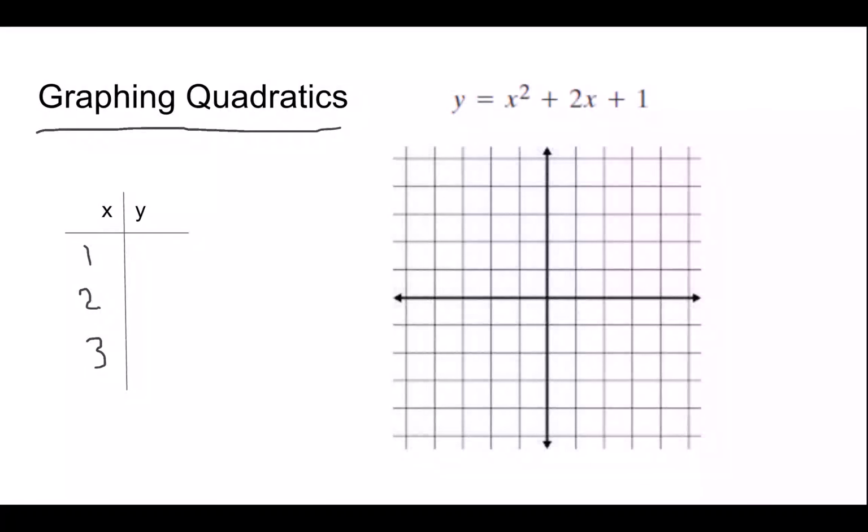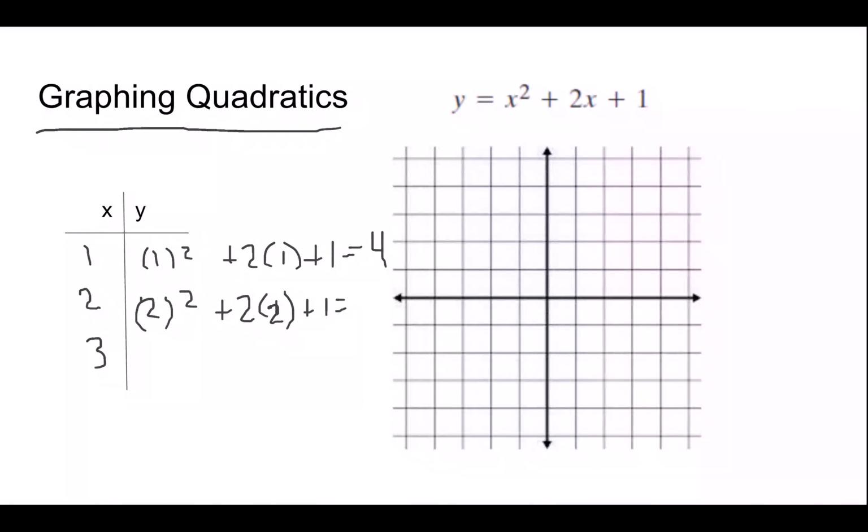So I'm going to have 1 squared plus 2 times 1 plus 1, and that should give me 4. So I'll have 2 squared plus 2 times 2 plus 1, and that's going to give me 9.